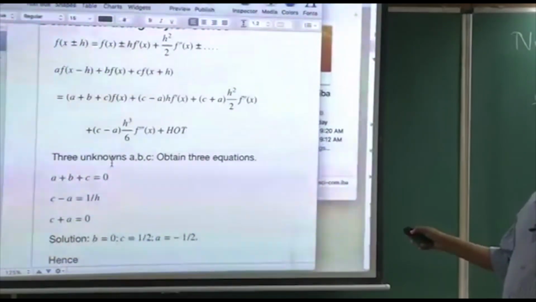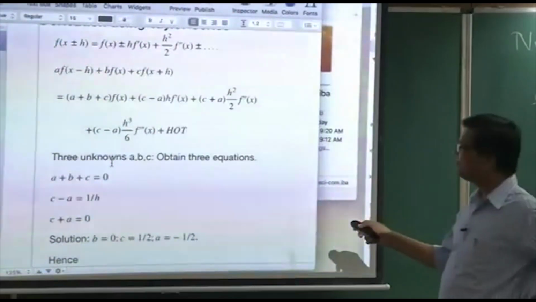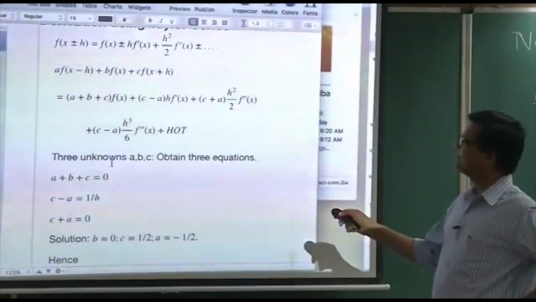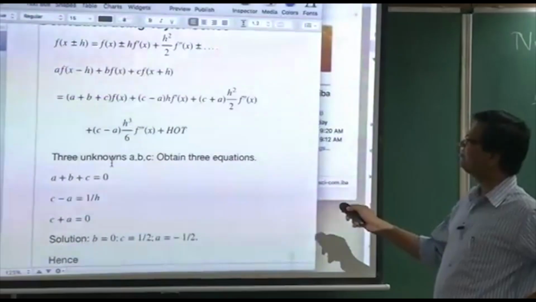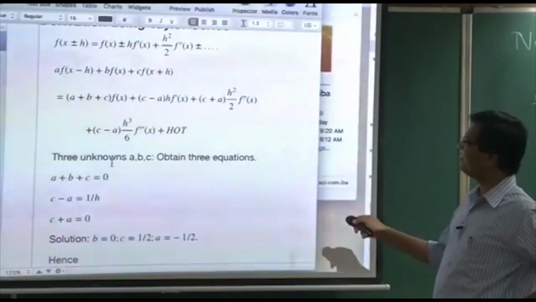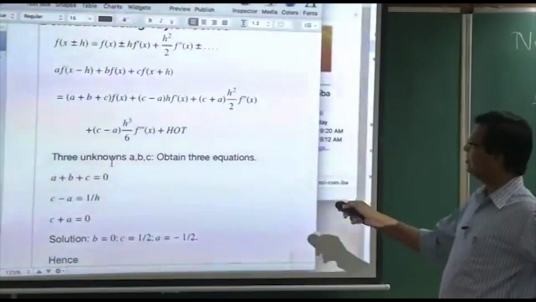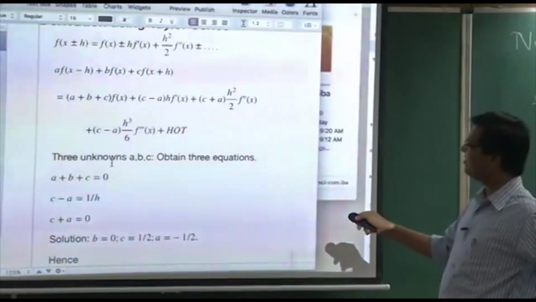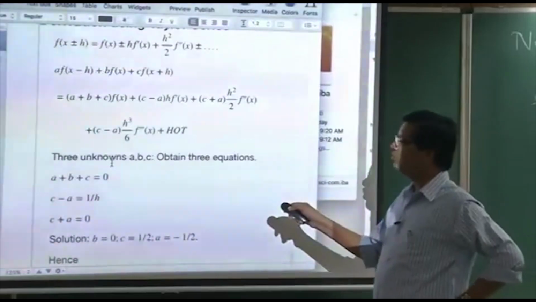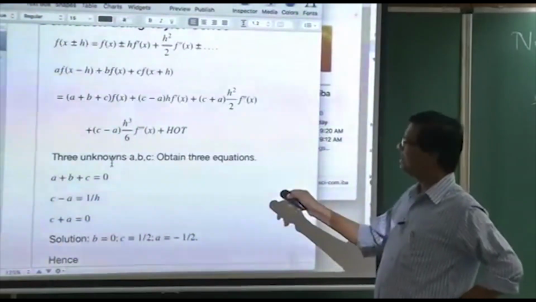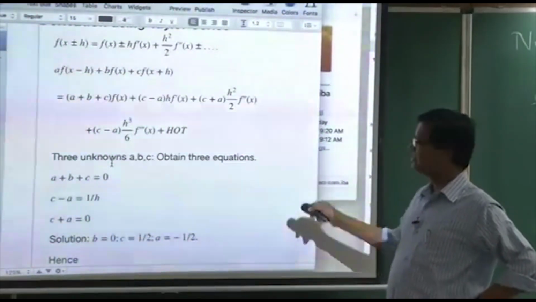The first derivative term comes from both of these, the second derivative will come from both again, and the third derivative will be antisymmetric. So, this is the exact formula for Taylor series to cubic order, and HOT means higher order terms.